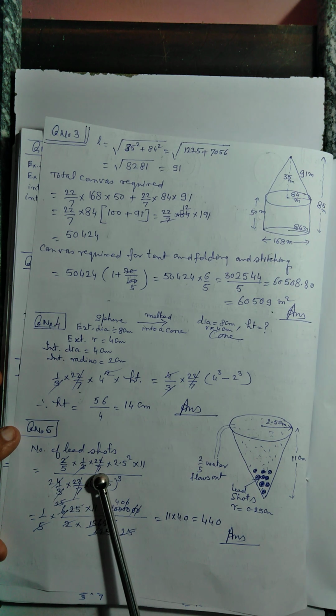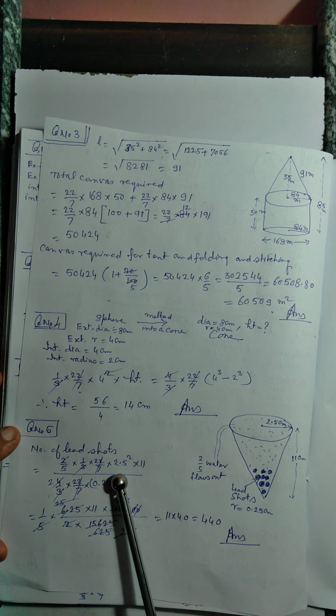1 by 3 into pi 22 by 7 into radius, means 1 by 3 pi r square h.